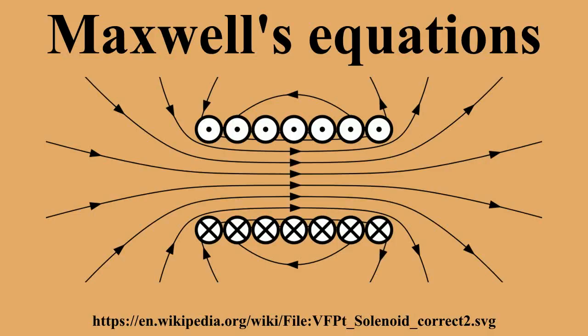James Clerk Maxwell, A Dynamical Theory of the Electromagnetic Field, Philosophical Transactions of the Royal Society of London 155, 459-512. A Dynamical Theory of the Electromagnetic Field, 1865. Maxwell's 1865 paper describing his 20 equations.